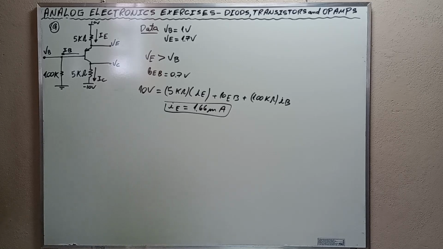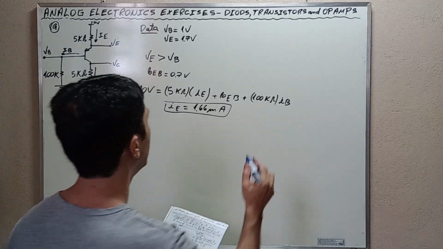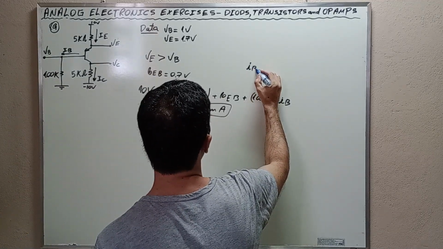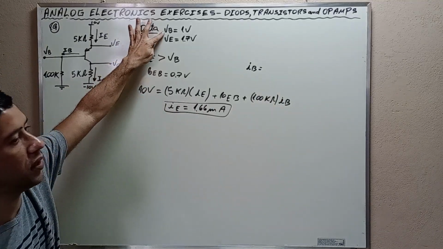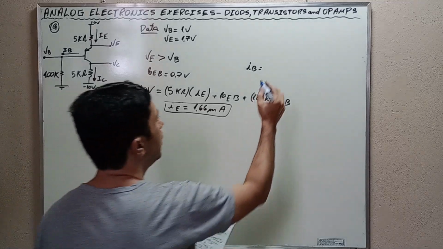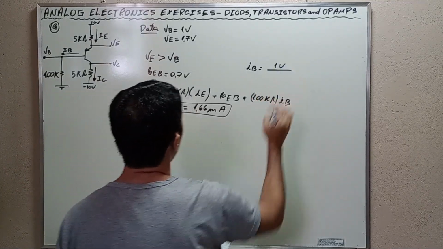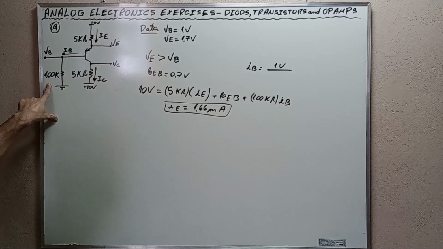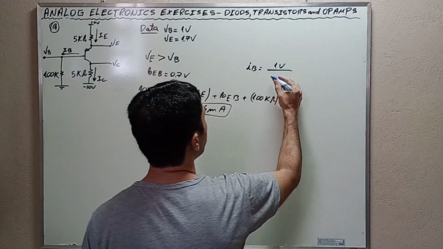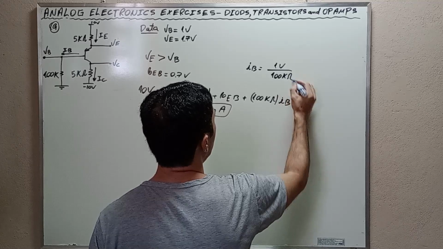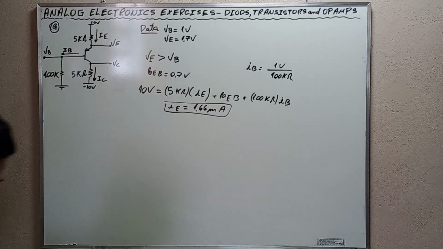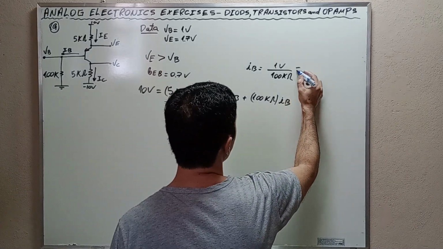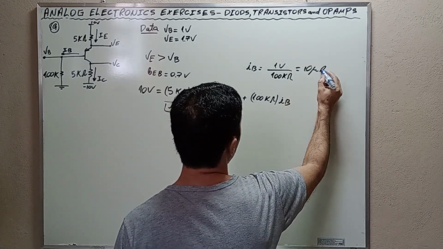And how about IB? I forgot to mention that IB, as the exercise said, VB is 1 volt, so IB is equal to 1 volt divided by 100 kilo ohms. Okay, this is the value of IB. IB is then 10 microamps.